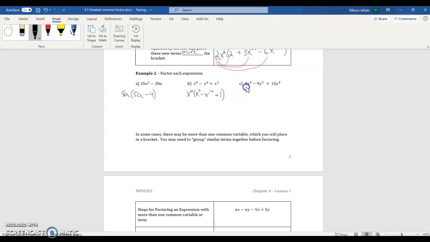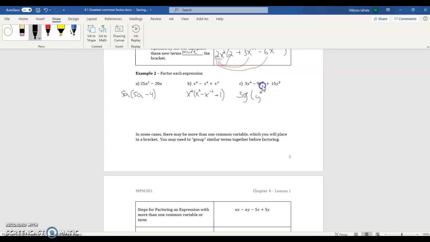And then C, so let's find our greatest common factor. Coefficient-wise, it looks like it's going to be 3. Variable-wise, we have y. And then the degree we can take out, 2. That's the smallest degree there. And then we're going to do our divisions. So 3y to the power of 4 divided by 3y squared is y squared.